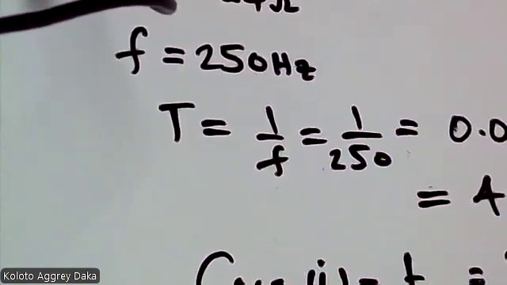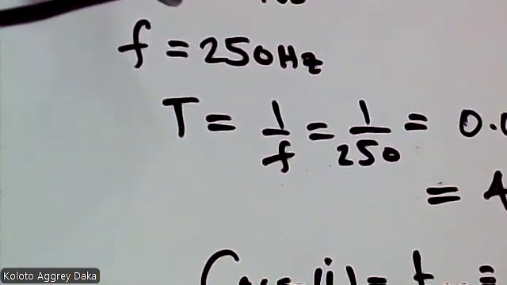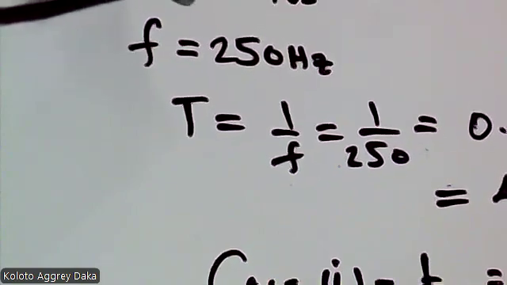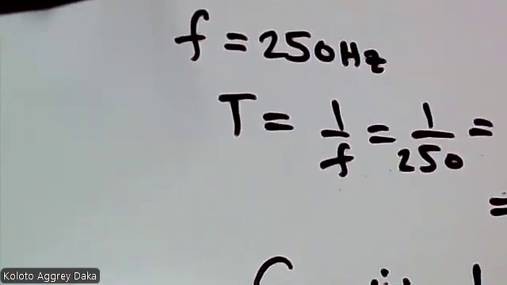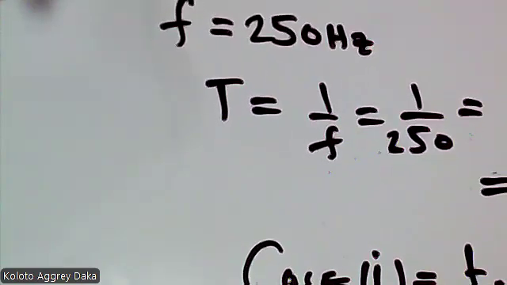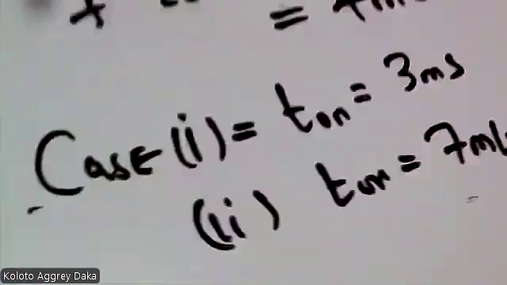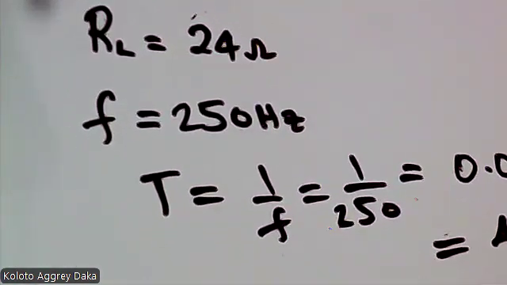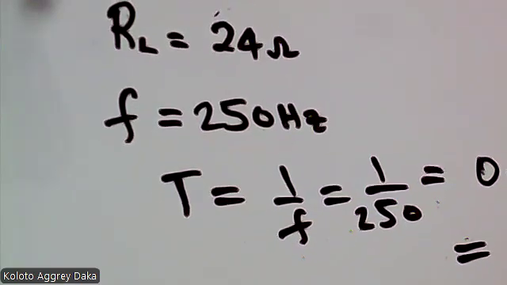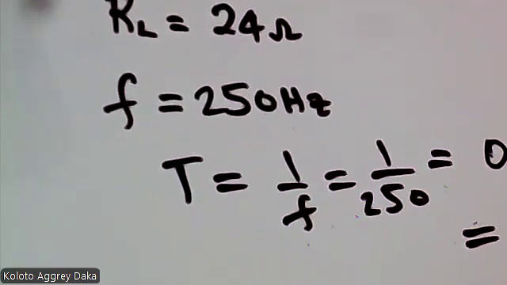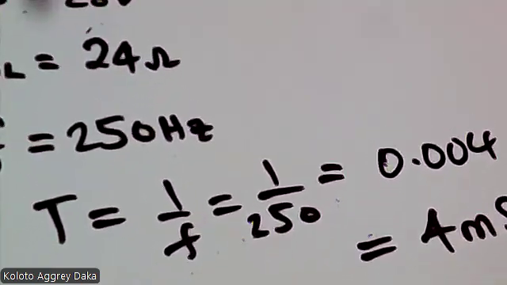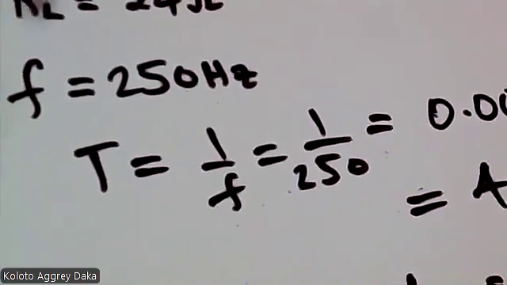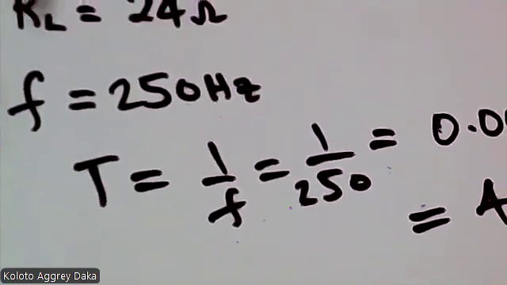We are asked to find the average and RMS load current and load power values, on the two conditions: 3 milliseconds and 7 milliseconds.